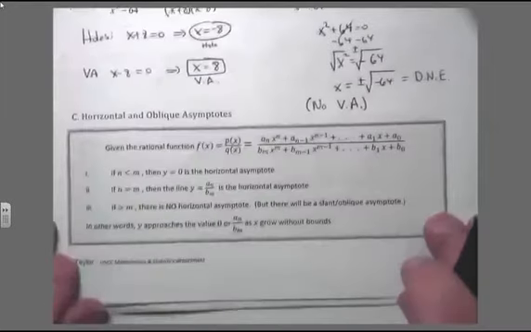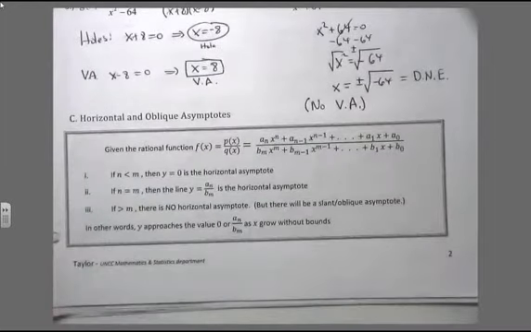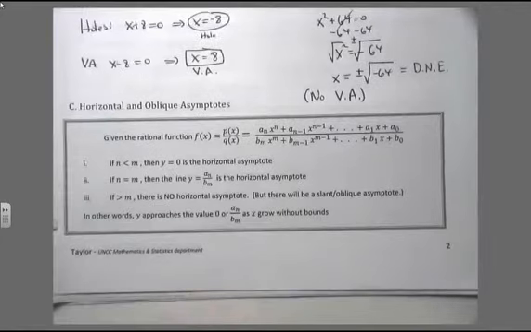The other type of asymptote is called a horizontal or an oblique asymptote. So this theorem is going to come back and haunt you, especially for you guys that are moving on into calculus, that want to take calculus next semester. You're going to see this dude again.